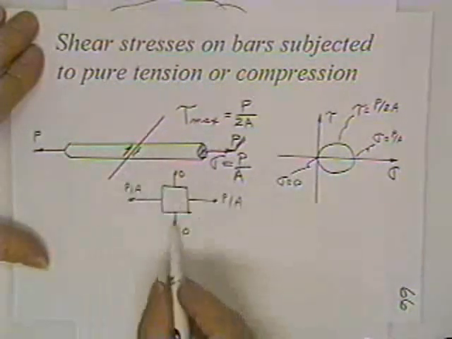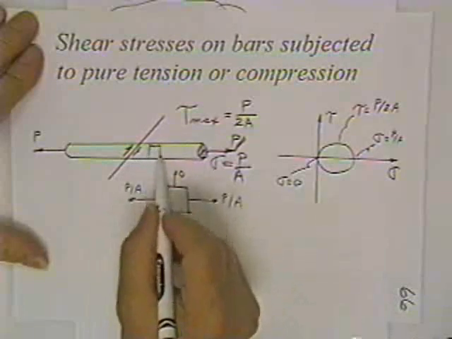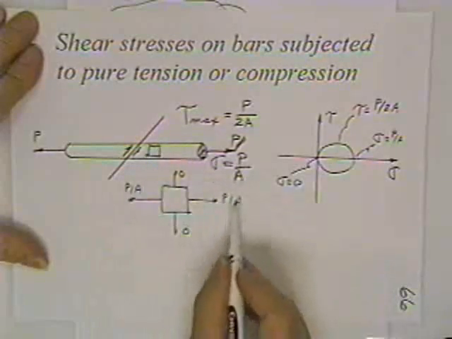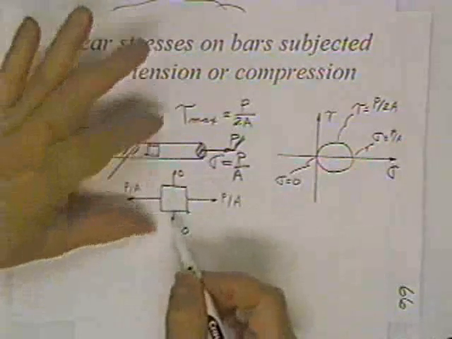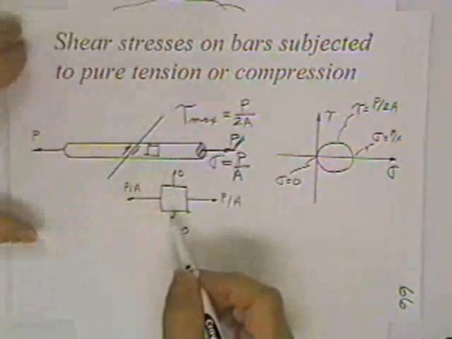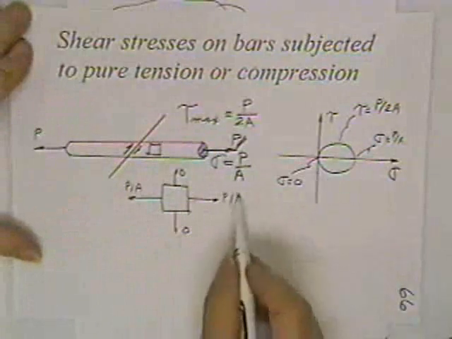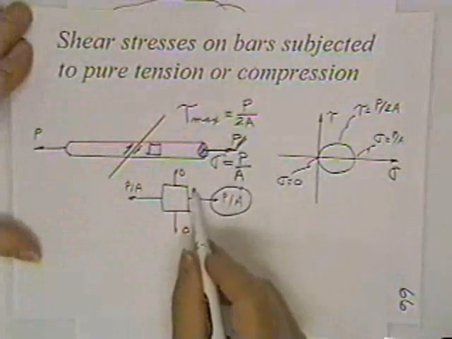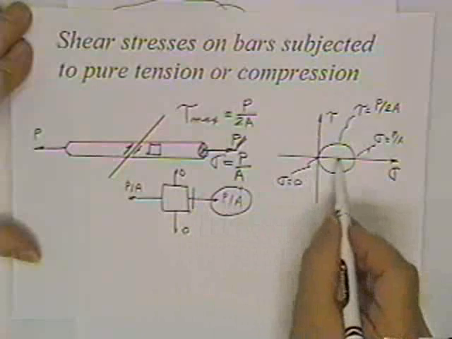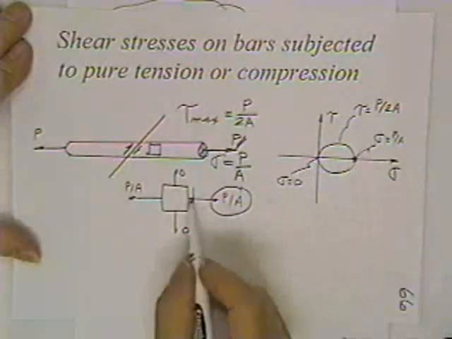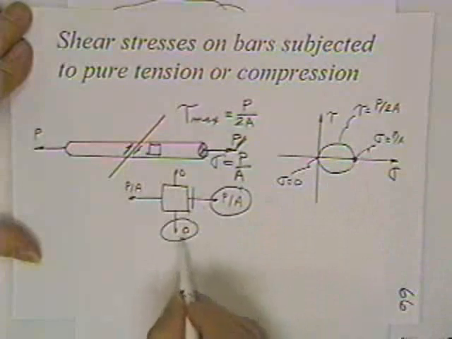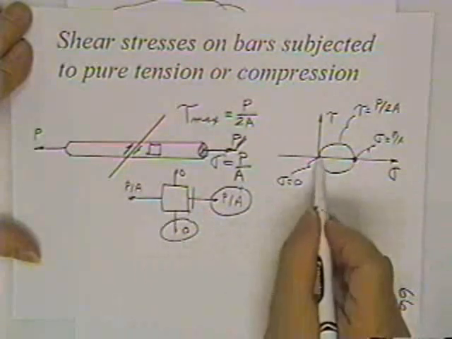There is some. Proof, here's the little postage stamp. Here's the P over A on both sides. There's none this way because nobody's pulling it this way. You plot your Mohr circle, you plot P over A and no shear. There's P over A and no up and down on the axis. Here you plot no P over A and no shear.